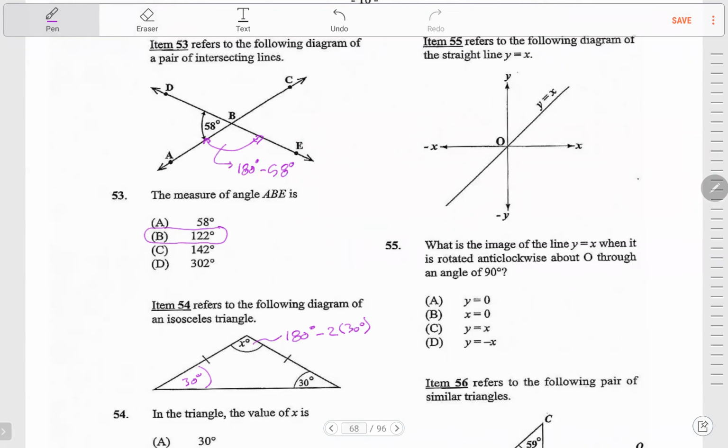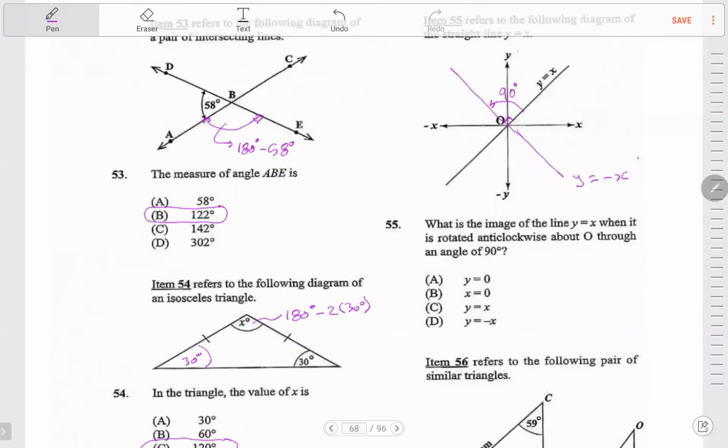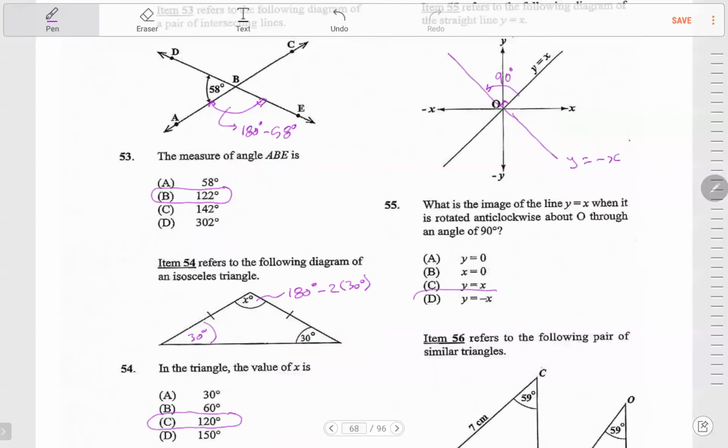So if we rotate it 90 degrees anticlockwise this way, it's going to go like this. This angle is 90. That line is line y equals minus x. So the image is going to be the line y equals minus x. First time we're doing this question with y equals minus x.